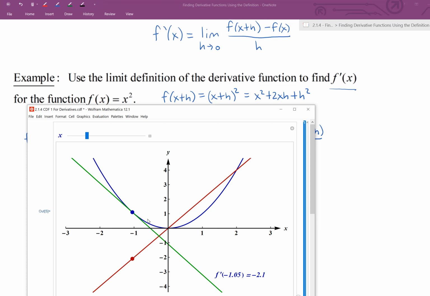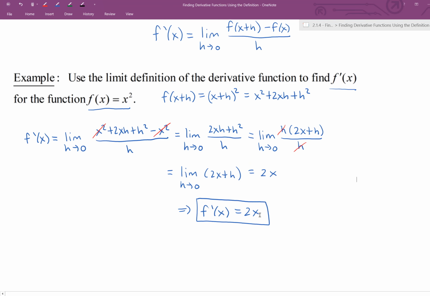The green graph is the tangent line of y equals x squared at whatever x we're at. So that blue point right there is our x value. And then the red graph is the function f prime of x, which is equal to 2x. Remember, f prime of x was 2x.